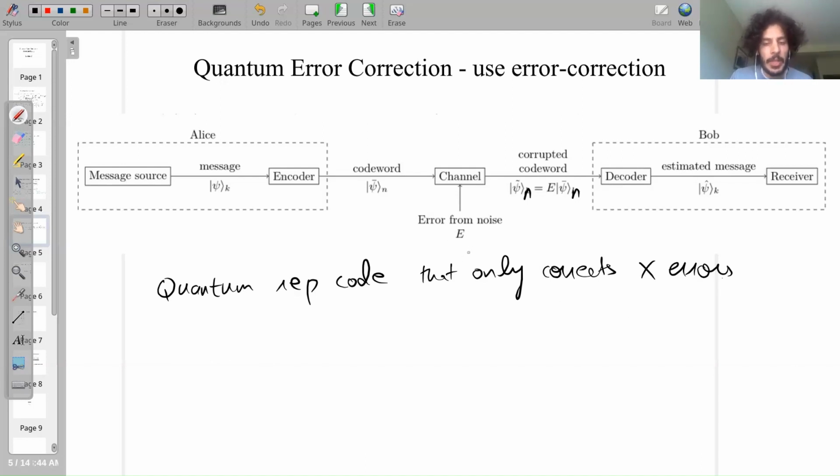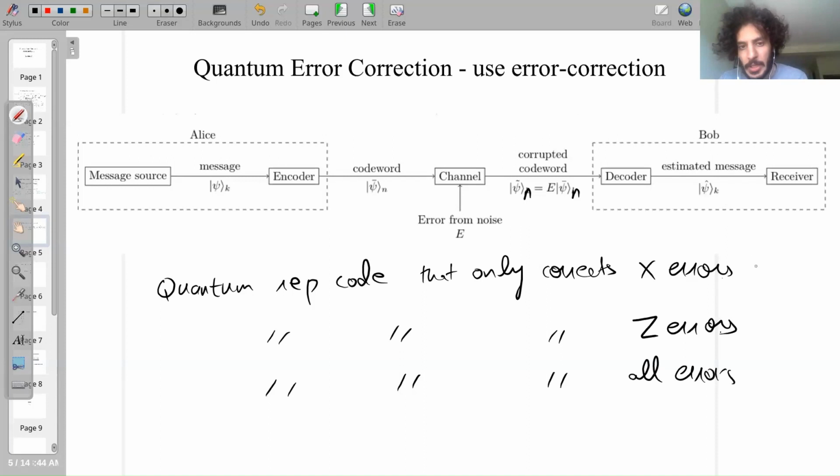We'll assume that the only errors that occur inside our channel are X errors. Then we will study a code which only corrects Z errors, and then we will study a code that corrects all errors.